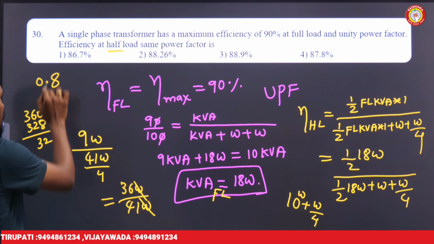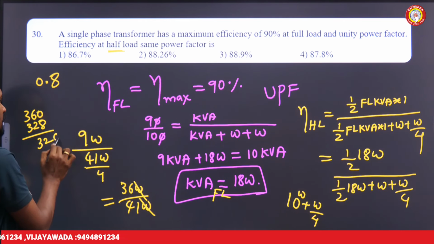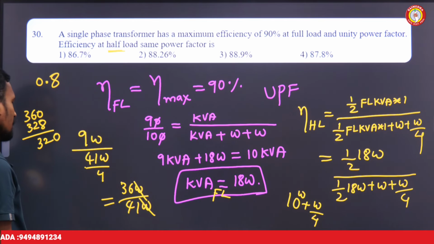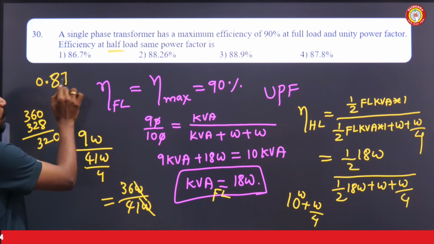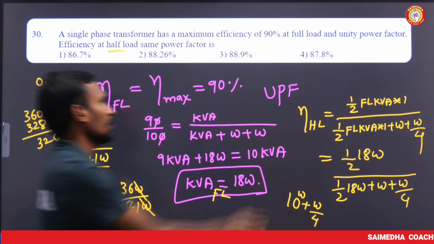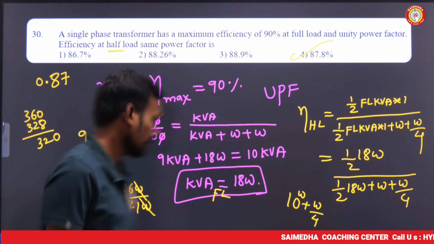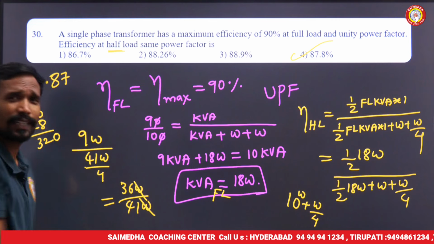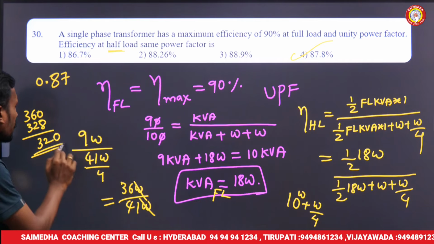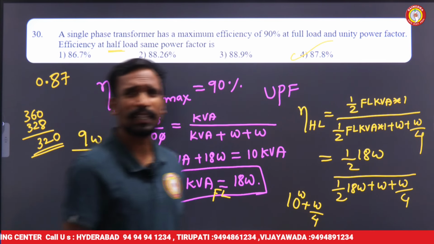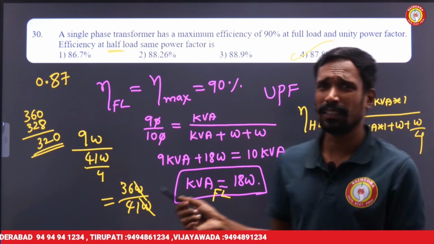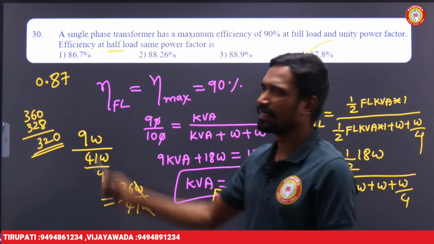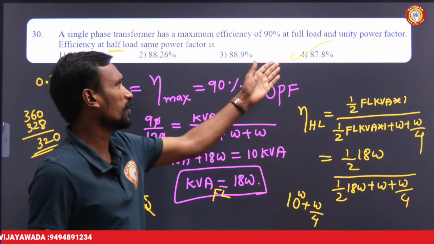So 0.8, and the point is already there. Again, not 8s, it is 7s only. Because if it is 8s, again we need to take 328, but there is no 328. We have only 320 here. 328, 320, not possible. That's why I took 7s. That is your answer. You can calculate.